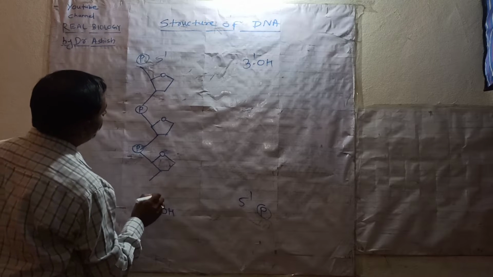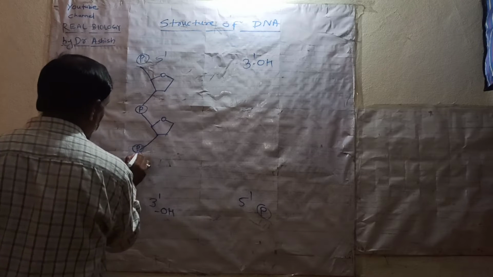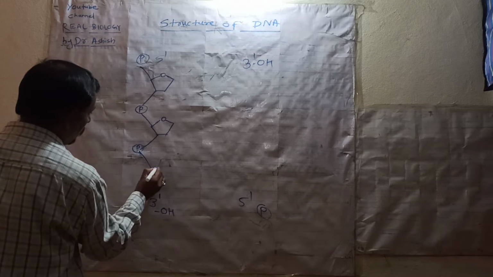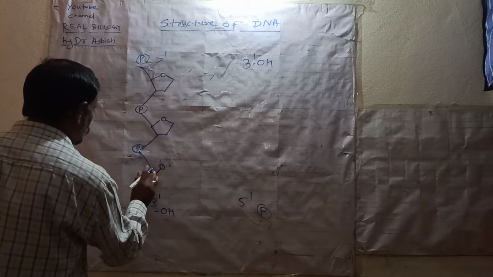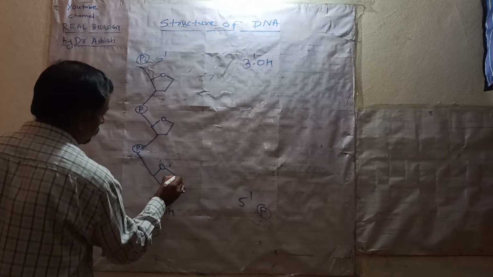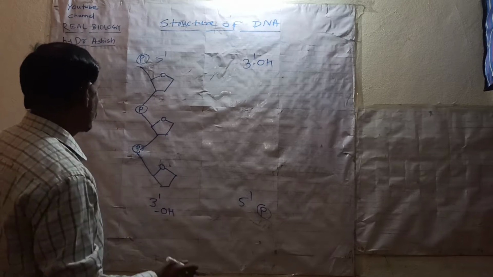The thing continues and the distance remains the same. So while drawing, remember that the distance between the ribose sugar molecules must be the same. See, there is an equal distance.